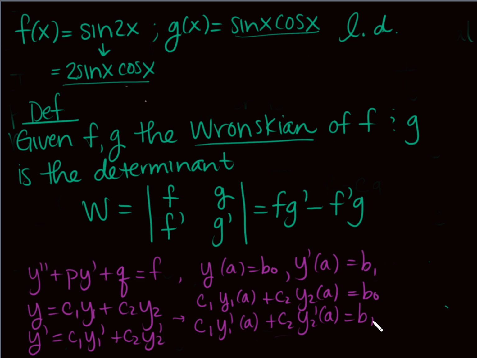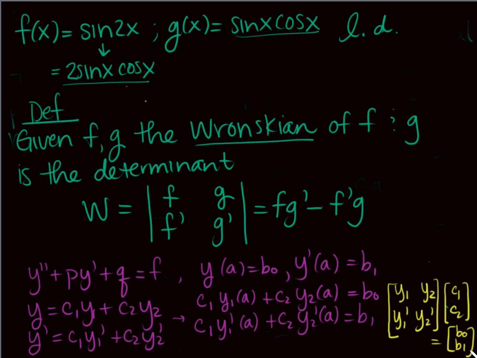And remember that magic I did with that matrix before? That's kind of how we would solve this. We'd create a matrix with this, where we'd have y1, y2, y1 prime, y2 prime. Those of you who have had linear algebra, you know you can multiply this by c1, c2, and this would equal b naught, b1. But the key is, this is kind of where the Wronskian comes in.